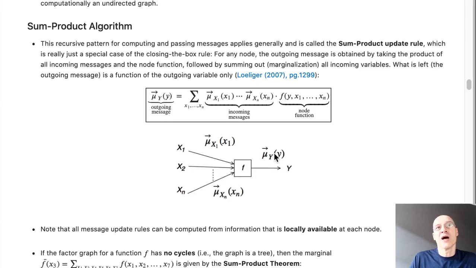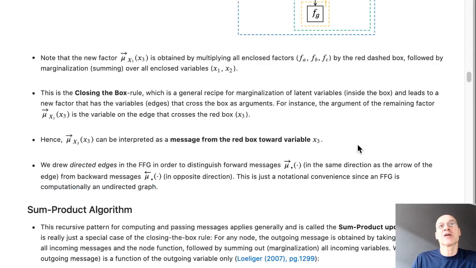Mu for y is computed by multiplying all the incoming messages times the node function, integrating out over all incoming variables. This is called the sum product update rule, and I can do that for each node.